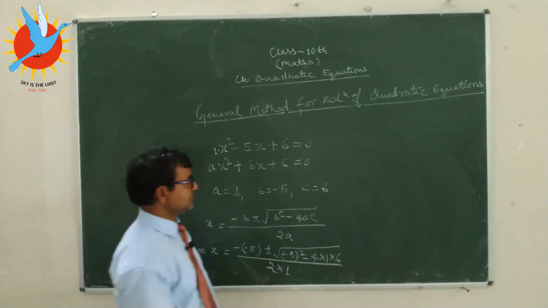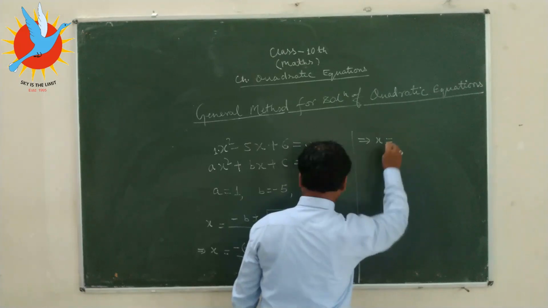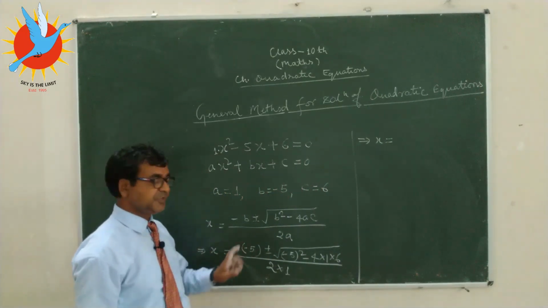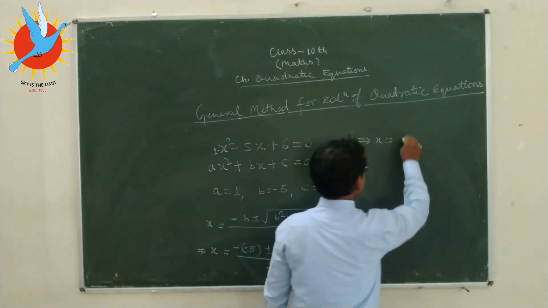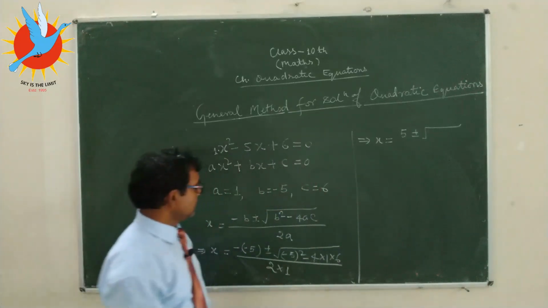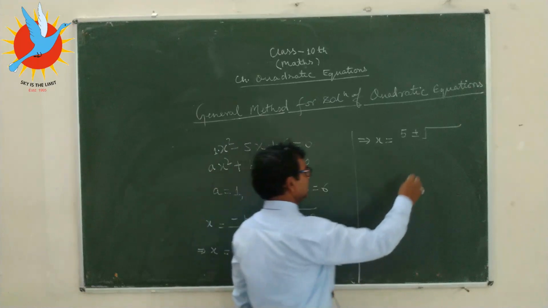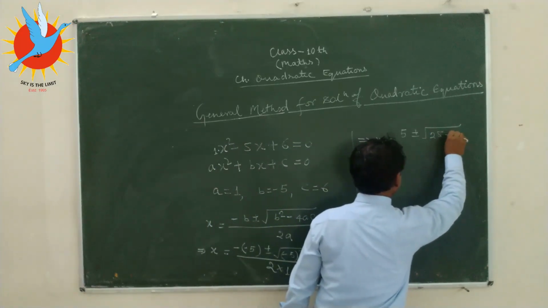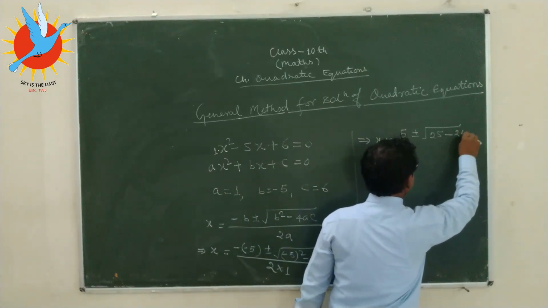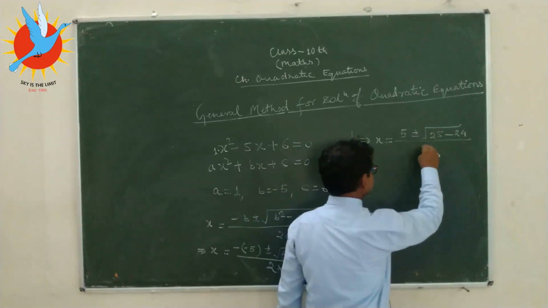Solve this. We have x equal to, minus and minus multiplied becomes plus, 5 plus minus root over this: minus 5 square becomes 25, minus 4 into 6 is 24, over 2 into 1, this is 2.